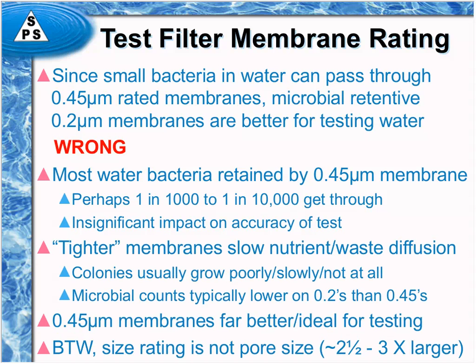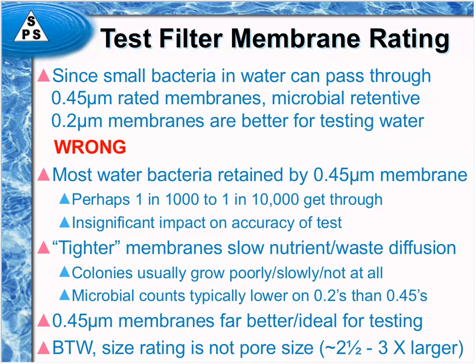And this is, by the way, in case most people don't realize this, the actual rating, the 0.2 or the 0.45 that's rated, is not the pore size of the membrane. It's not at all. The actual maximum pore size of any given membrane is probably somewhere between 2.5 and 3 times the size of that rating. So if you had a 0.2 micron membrane, your largest pores are actually on the order of about 0.5 microns.